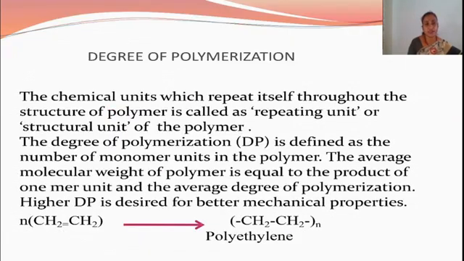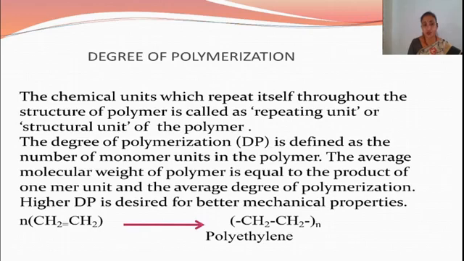Next, degree of polymerization. A chemical unit which repeats itself throughout the structure of a polymer is called as repeating unit or structural unit of the polymer. The degree of polymerization DP is defined as the number of monomer units in the polymer.